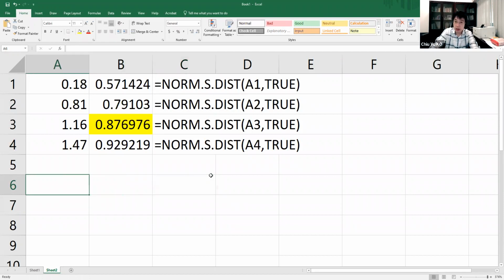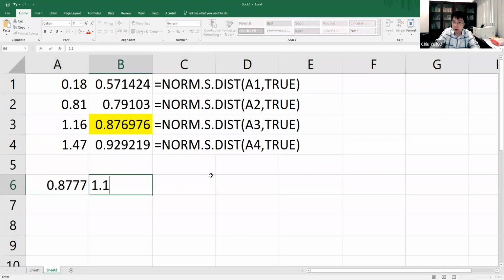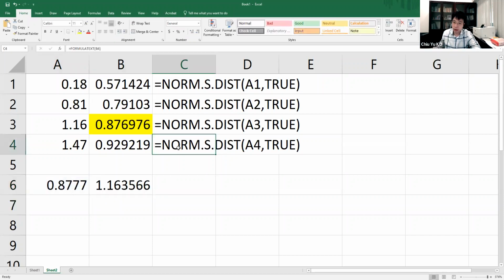So the other way around is now we have multiple choice, right? So we know how to do it. Is there any way Excel can solve the problem in reverse? I have 0.8770, can I get this 1.16? The answer is yes. We have a function called NORM.S.INV. You just input this number, and it gives us the answer.